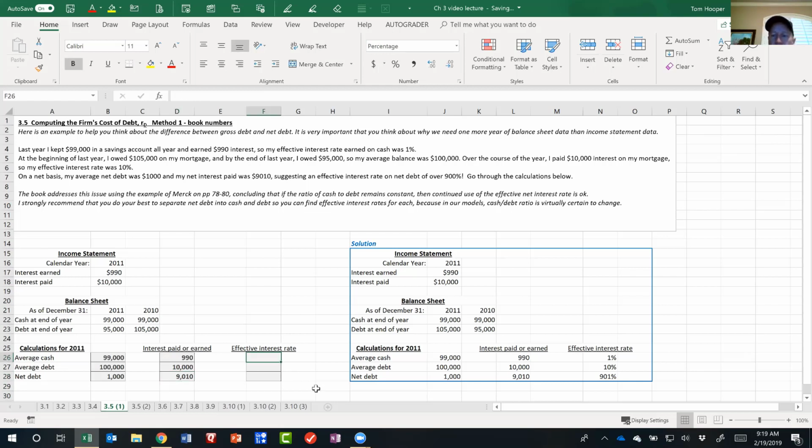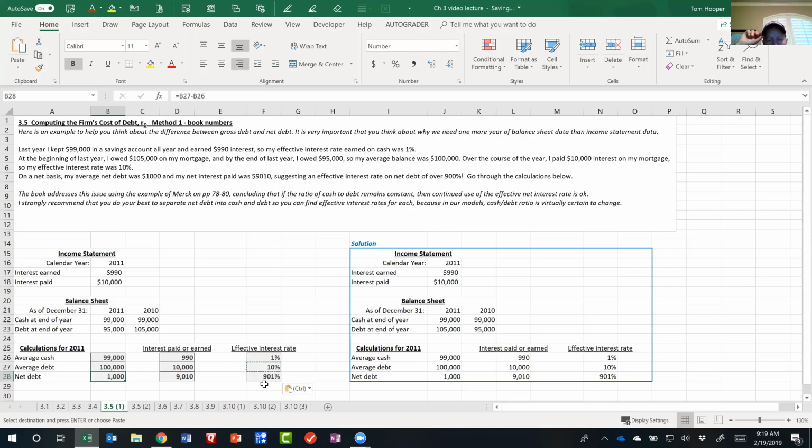And so if I wanted to know the effective interest rate of those, I'd take the interest I earned on my cash divided by my cash balance. I copy that down to see what the average interest I paid was. It was about 10%. But if we do it the way the book tells us and do this on net debt, copy that down, I had a net interest of about $9,000 on a net debt of about $1,000.